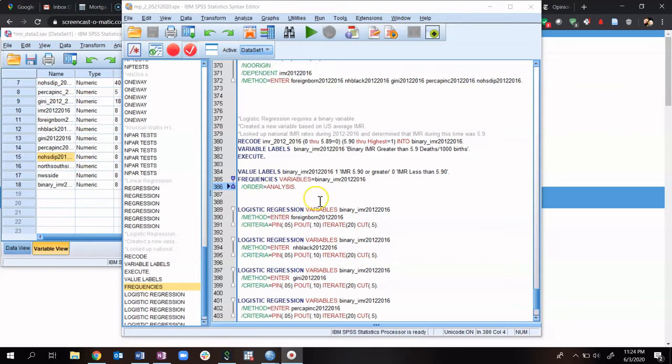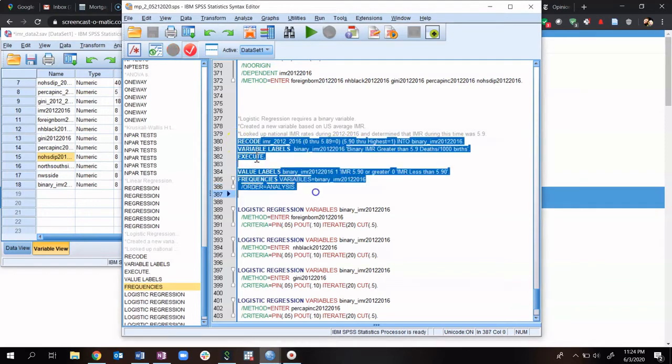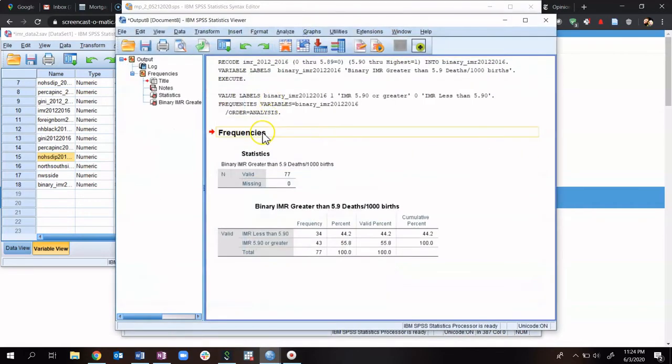So do make sure that you're using a cut point or a threshold for your dependent variable that makes sense. All right, so let's go ahead and get this binary measure created. I've got about 44.2% of the community areas in Chicago had an IMR that was less than the national average of 5.9 deaths per 1,000 births. 55.8% had an IMR that was more.